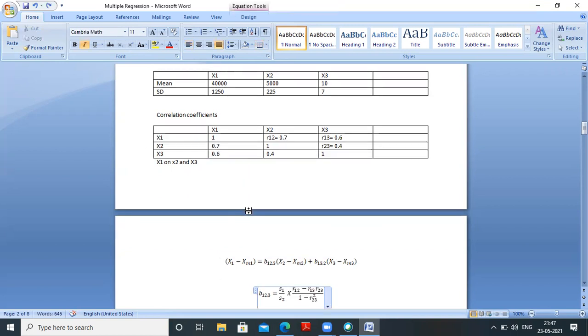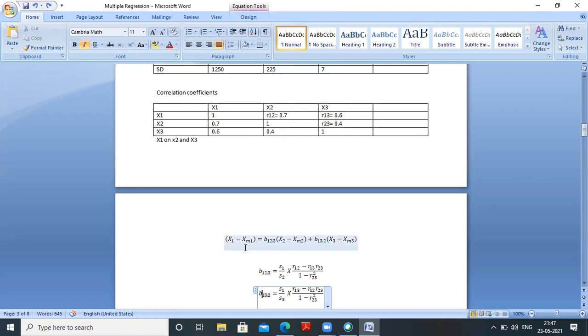Then the regression equation that we will use for calculating the regression of x1 on x2 and x3 is x1 minus mean of x1 is equal to b12.3 times (x2 minus mean of x2) plus b13.2 times (x3 minus mean of x3). b12.3 can be solved by substituting the values of standard deviations and coefficients of correlation in the formula.